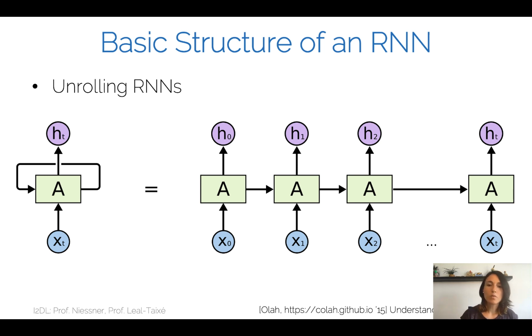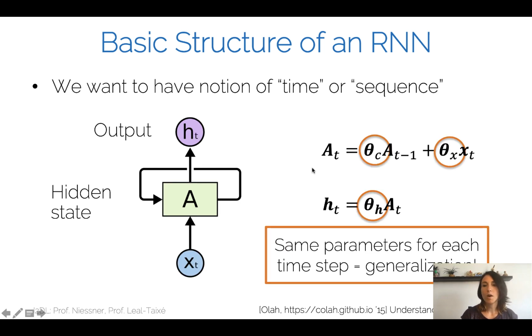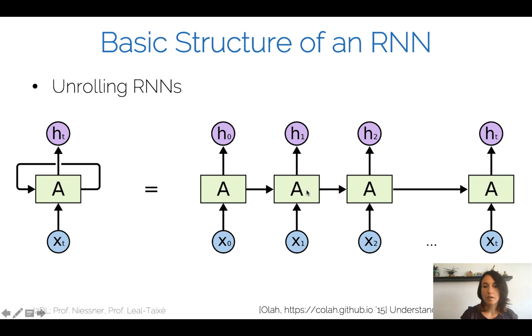And from then onwards, we have a connection between the previous hidden state and the current hidden state, and a connection between the current input and the current hidden state. These are the two sources of information that I'm processing when I have a recurrent neural network. And from the current hidden state, we predict the output.